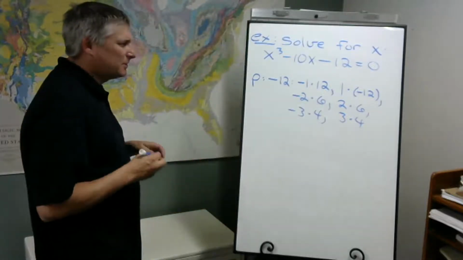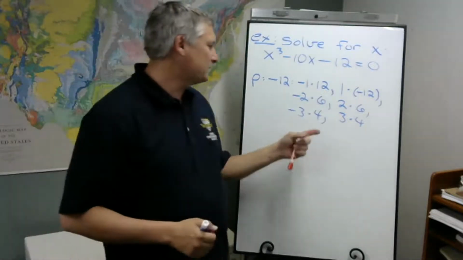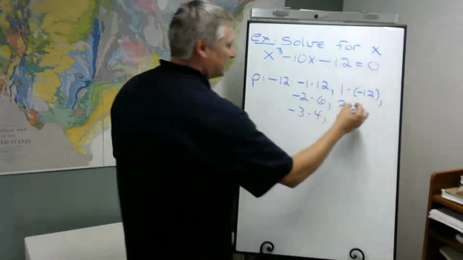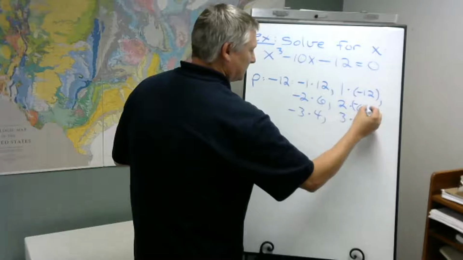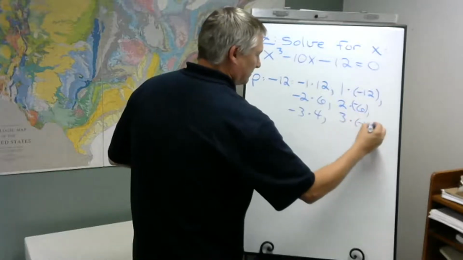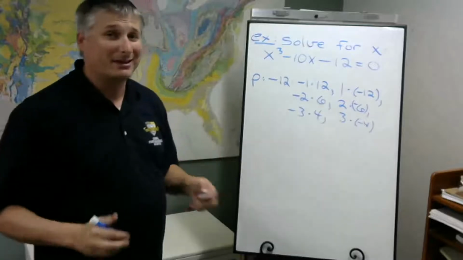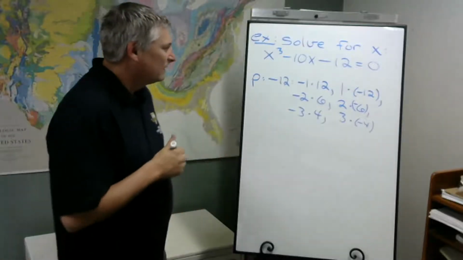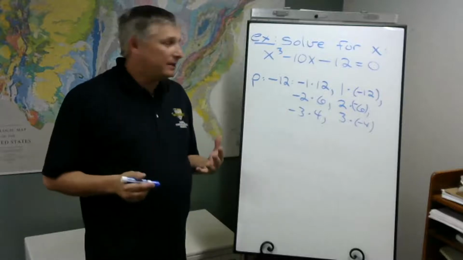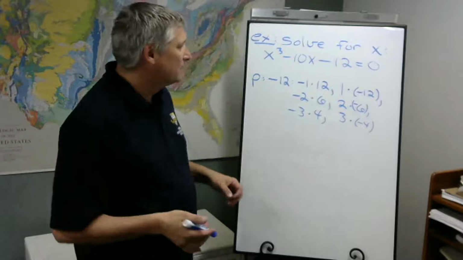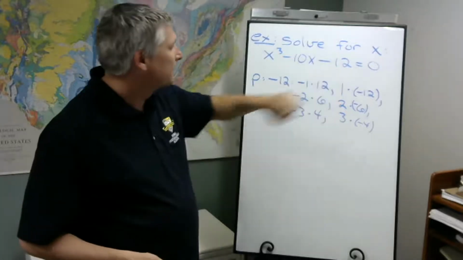And that's it, because we could do 6 times 2, but we've already got that in here. We want these to multiply to negative 12. So that's how we can break down P, or at least get numbers that we could use for P, by breaking down that constant term.